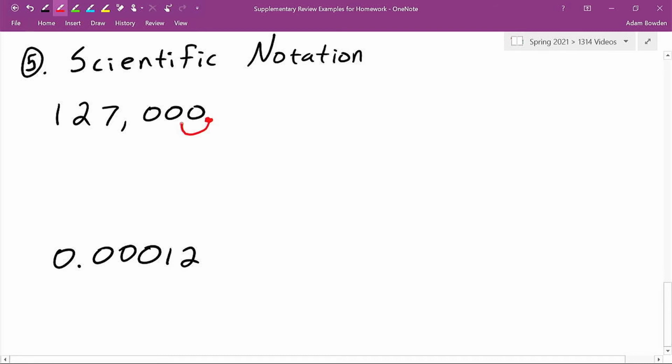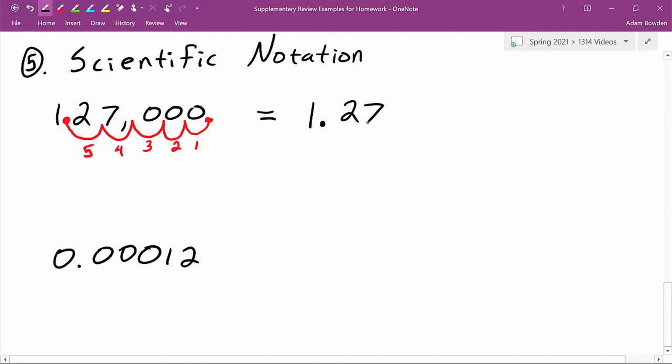In scientific notation, what we'll do is we'll shift this decimal point over to the left until it's right behind the very first number. Let's count how many times we've shifted this decimal point over. It's 5 times.